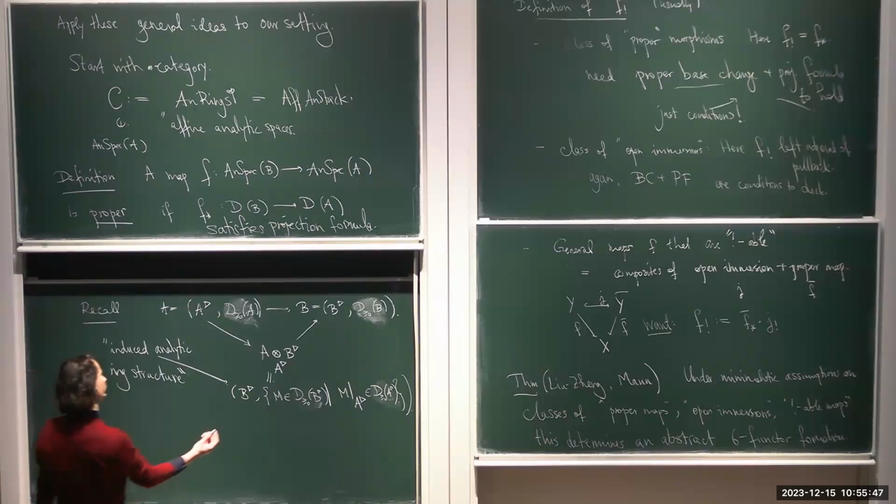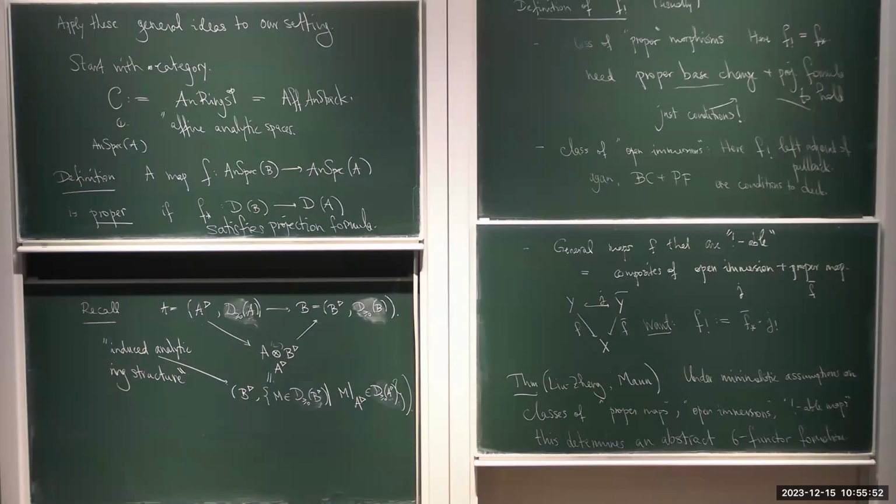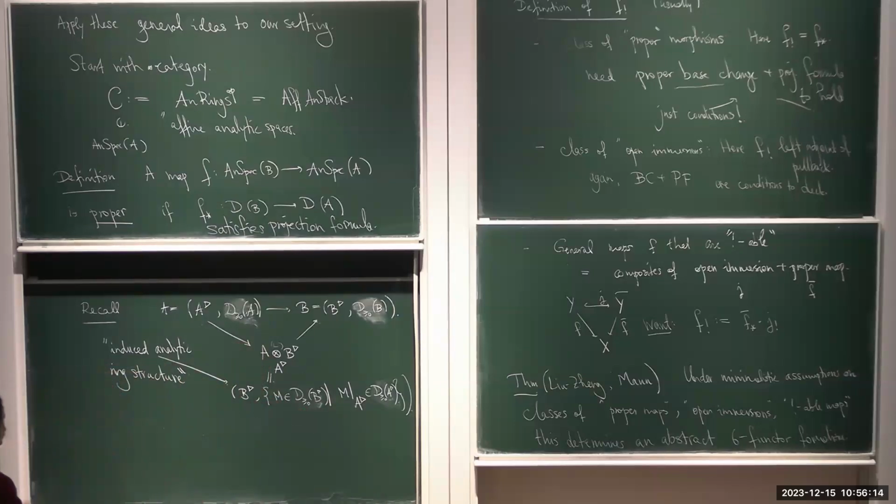And of course, working in the animated context, the tensor product is implicitly derived too. Right, so whenever you have any analytic ring and just an animated algebra over the underlying animated condensed algebra here, then you can always endow this one with an analytic ring structure where completeness is just completeness when you restrict to the subring.